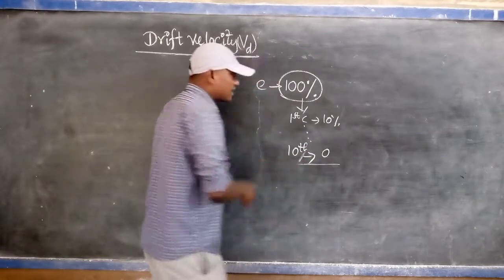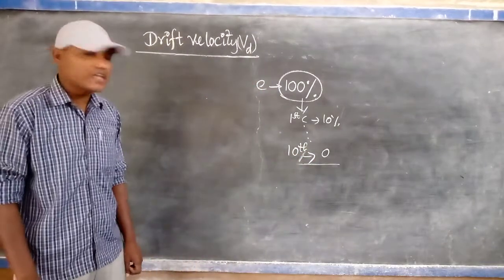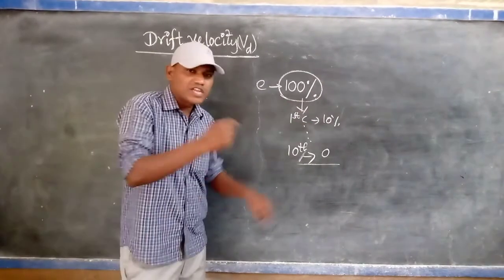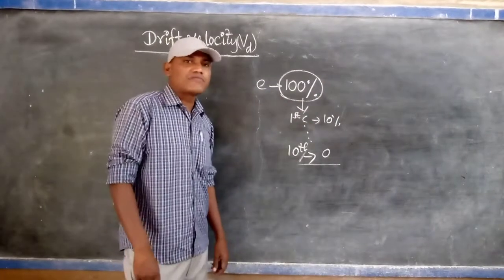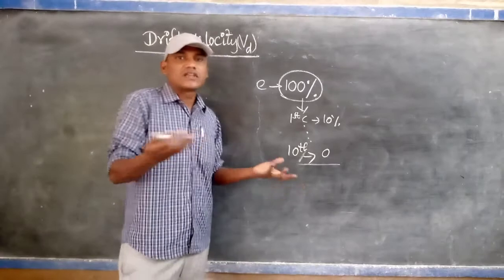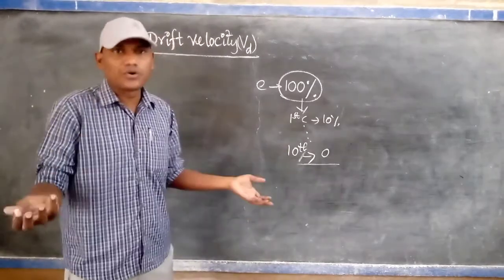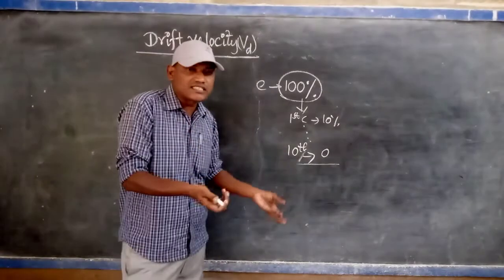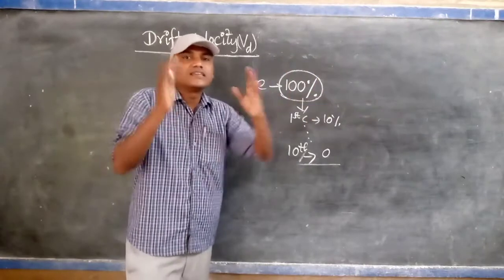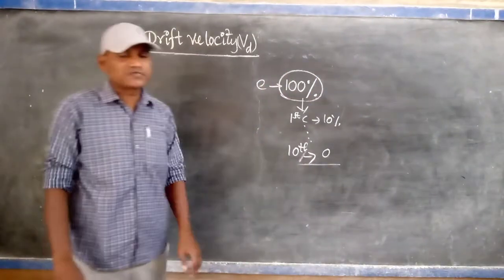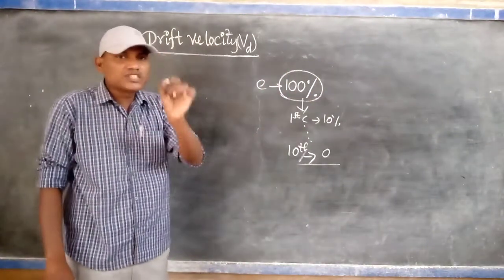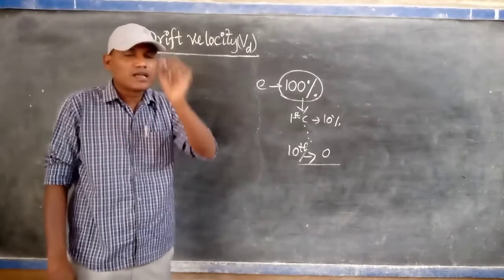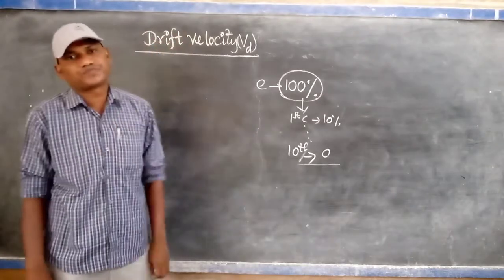Its energy becomes zero. Why? For every collision, it loses 10% of energy. After the 10th collision, what is its energy? Zero. If it does not have any energy, is it able to move or not? It is not possible. That's why the velocity of the electron becomes zero.